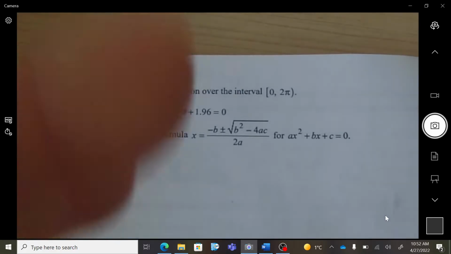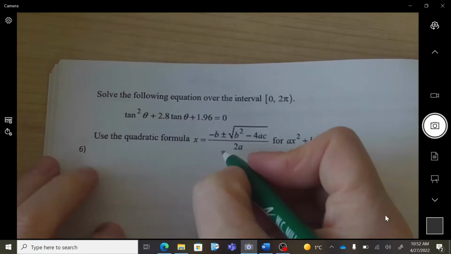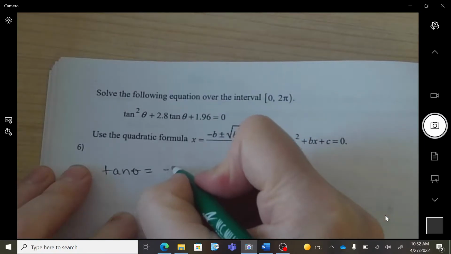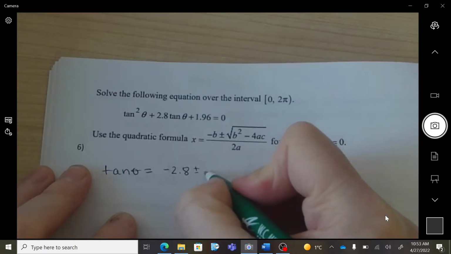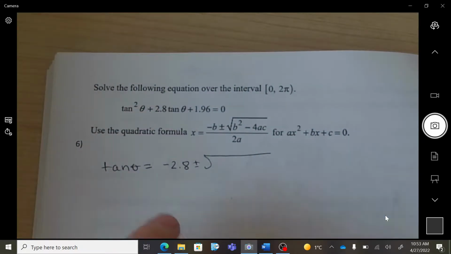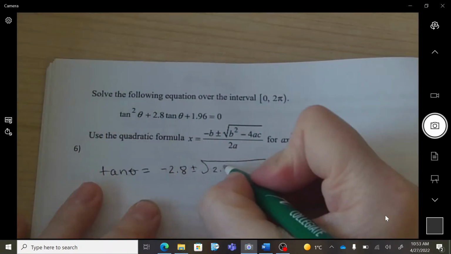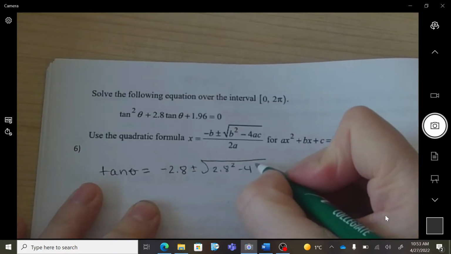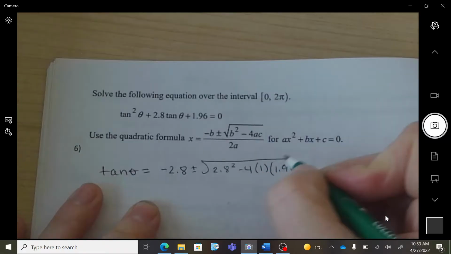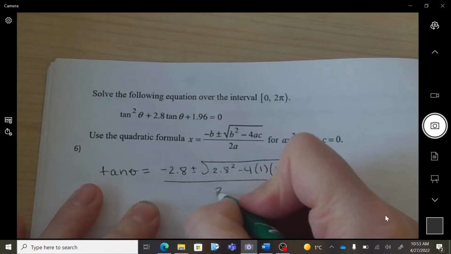Okay, use the quadratic formula to solve. Okay, so tan theta equals -b, so -2.8 plus or minus 2.8 squared minus 4 bracket 1 bracket 1.96 all over 2 times 1.